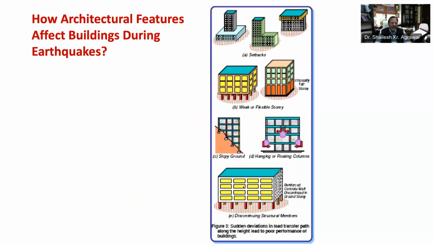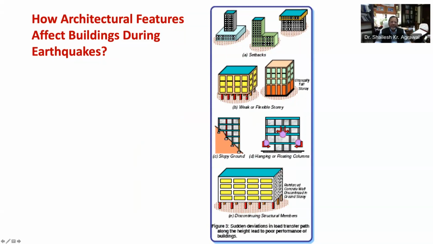Any deviation or discontinuity in this load transfer path results in poor seismic performance. For example, buildings with vertical setback as shown in this figure 3A, like the hotel buildings with few stories wider than the rest, cause a sudden jump in earthquake forces at the level of discontinuity.